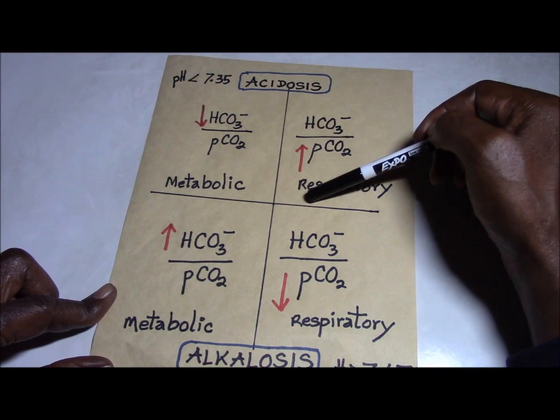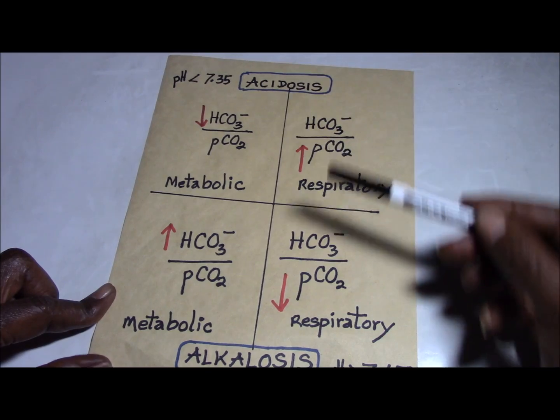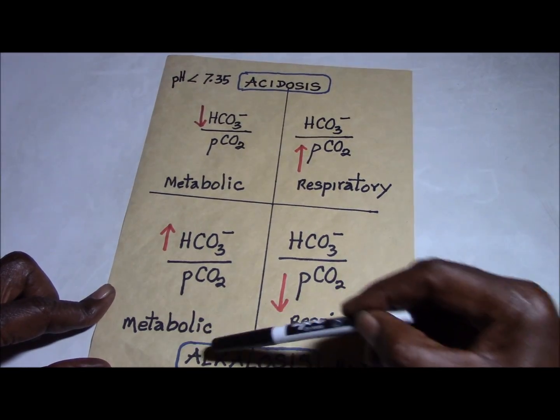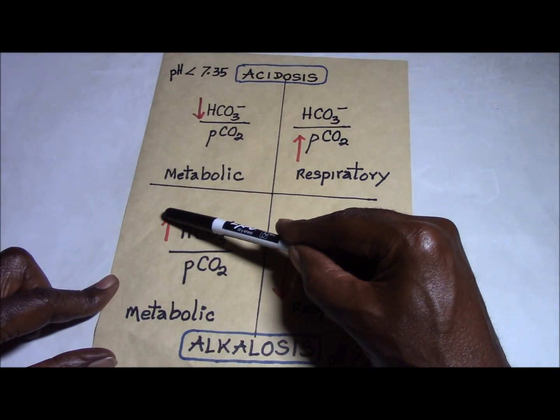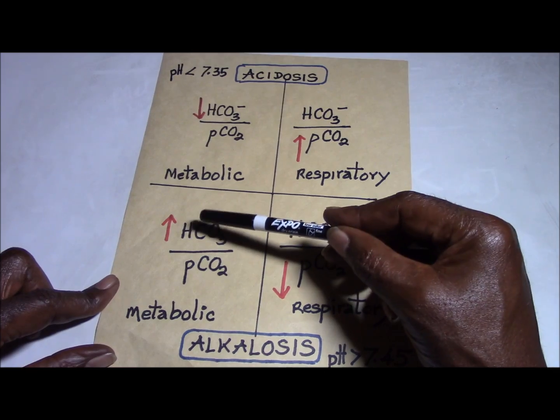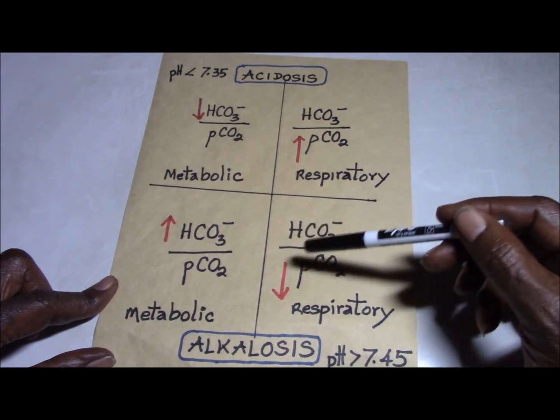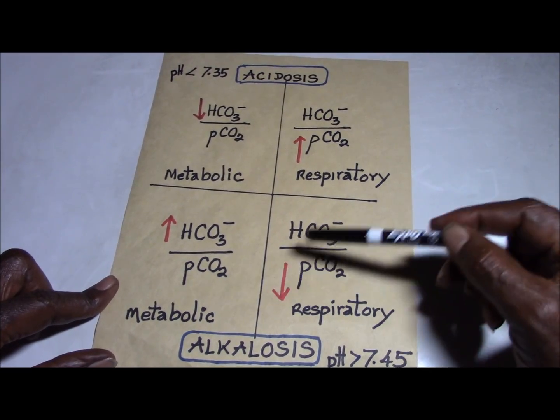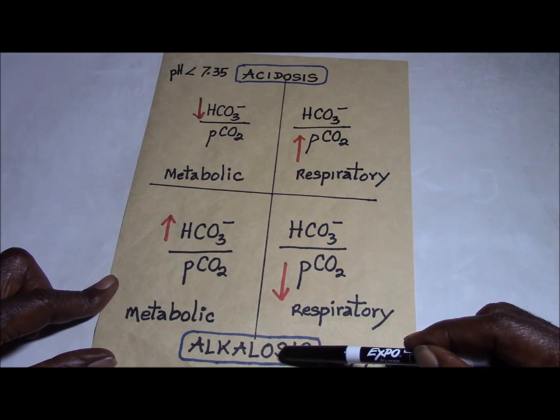Here is a case of respiratory acidosis. Over here you have a case of metabolic alkalosis, and the arrow is increasing in the bicarbonate ion. And then finally you have this arrow looking downwards here, and here is a case of respiratory alkalosis.